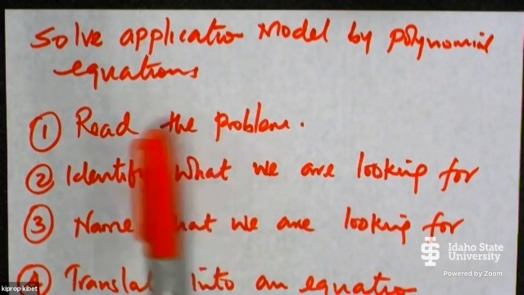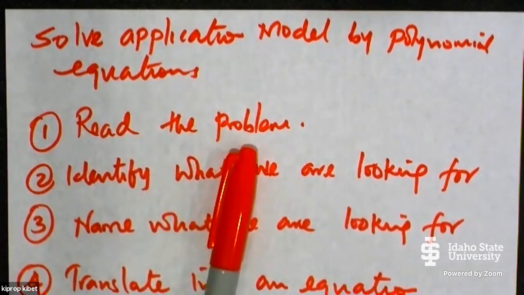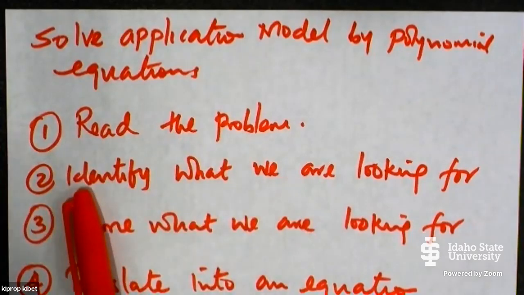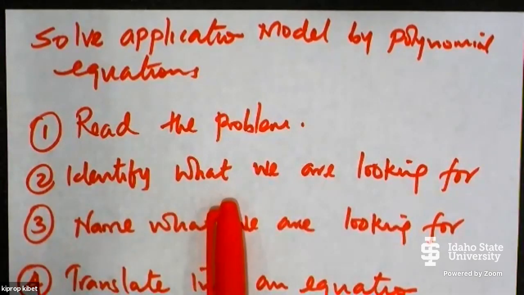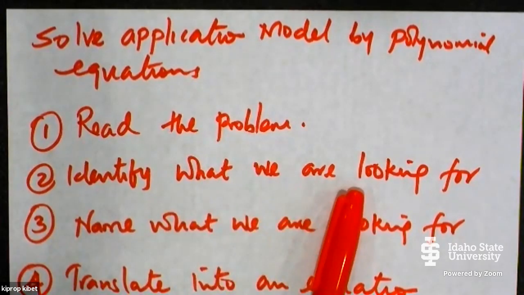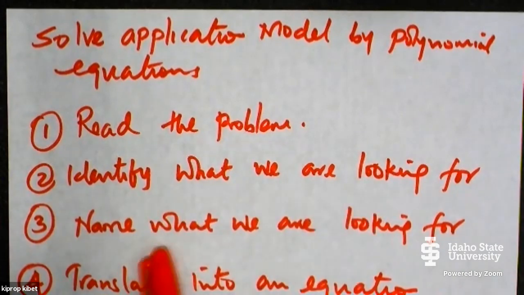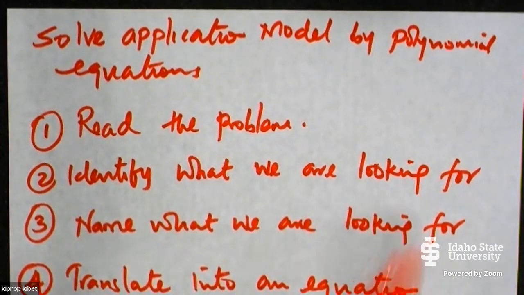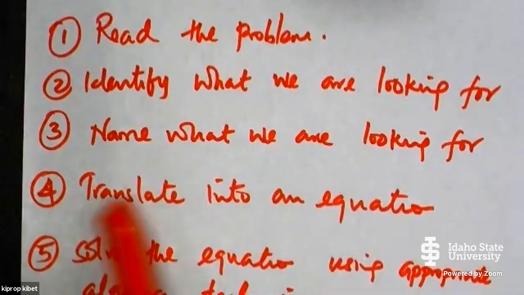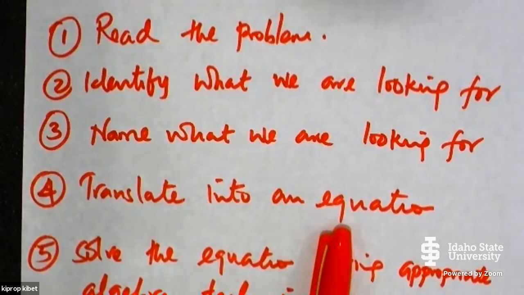First of all, you do what? You read the problem. The next one, you identify what we are looking for. The third one, name what you are looking for. The fourth one, translate into an equation.